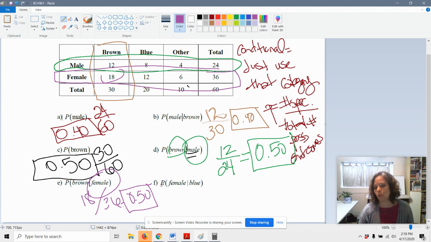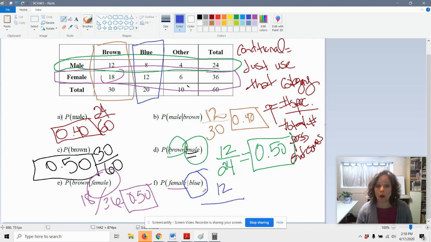So on part F, we're looking at what's the probability of female, but in this, we have another conditional statement. We're only interested in the category of those people who have blue eyes. So in that category, again, we're just dealing with blue now. Everything else disappears. So the total number of females in that category is 12.